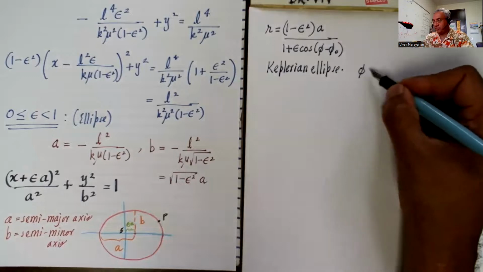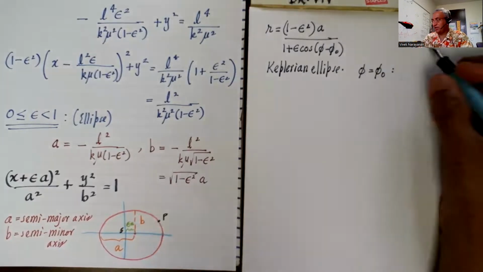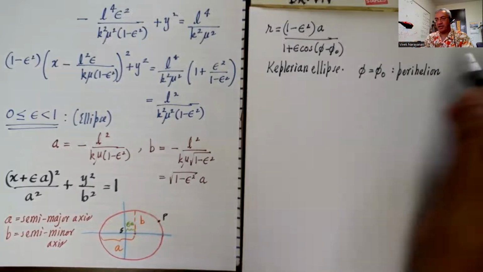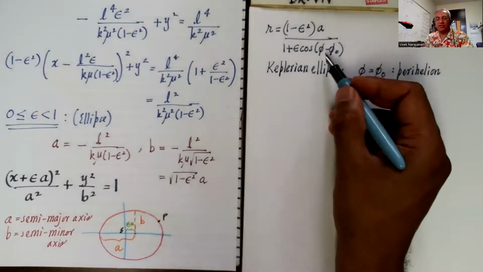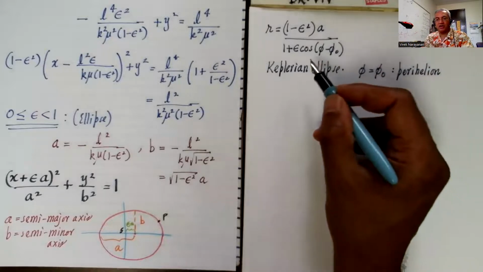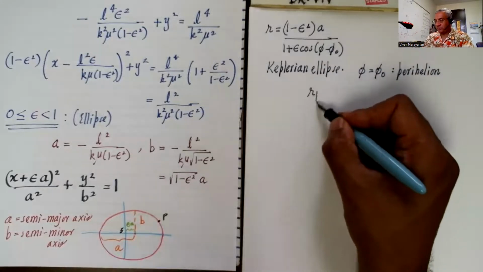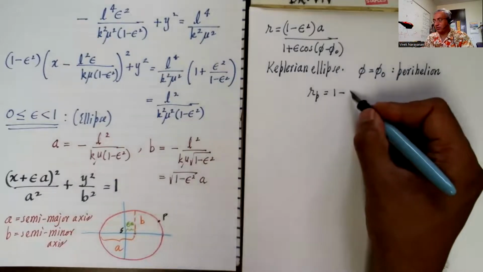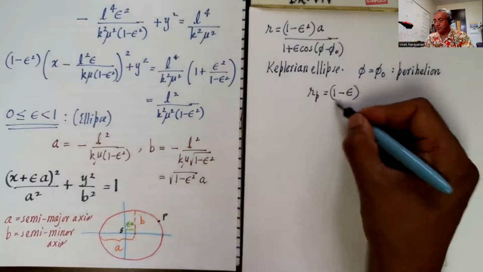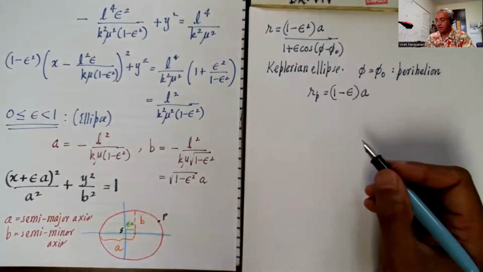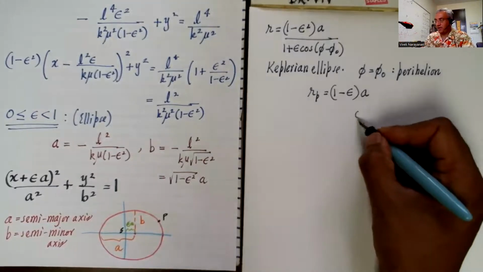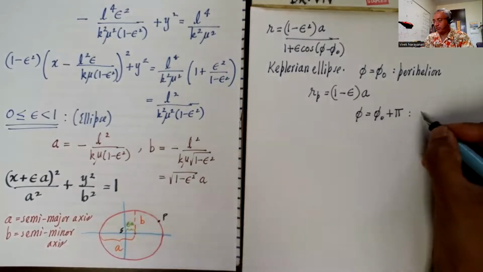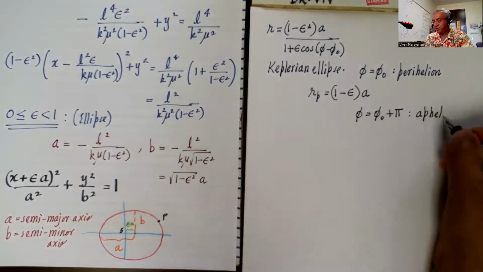When phi equals phi naught, you're said to be in perihelion. When you put phi equals phi naught, cosine becomes cosine of 0, or 1. So this radius of perihelion is just (1 minus epsilon squared) over (1 plus epsilon), which is (1 minus epsilon) times A. When phi equals phi naught plus pi, you have what's called the aphelion, the farthest distance.